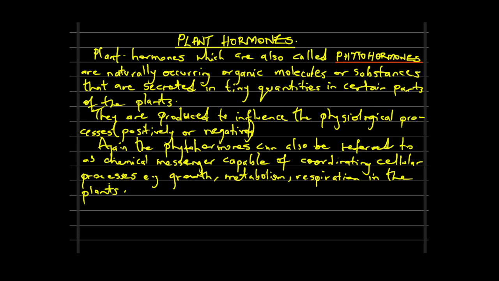Now we need to understand that we have a very large number of these phytohormones, and the functions of each of these hormones vary. They do not actually do the same thing. These hormones are produced, like we have said, in certain parts. The part where they are produced is what we refer to as the meristem.